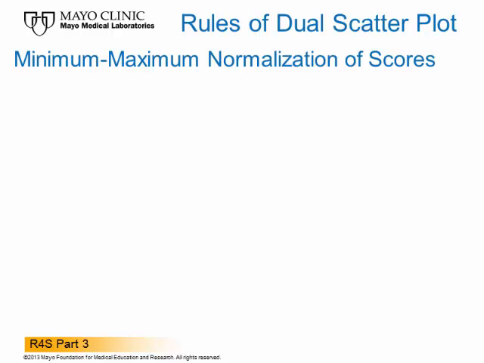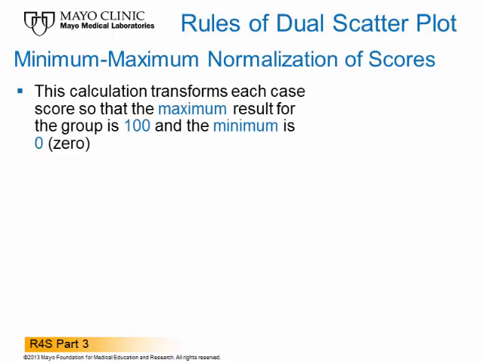Another characteristic of a dual scatter plot is a different way to express the calculated scores. Instead of absolute values, the y-axis uses a minimum-maximum normalization, so that all scores are kept within 0 and 100.